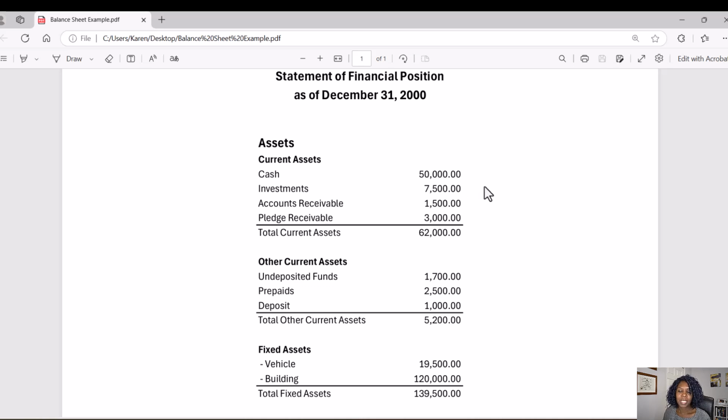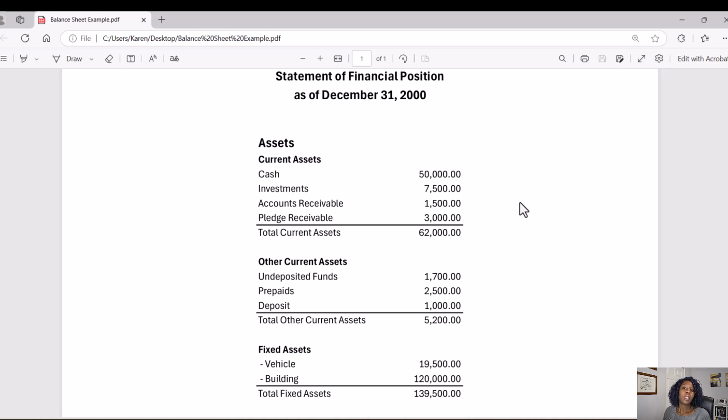Again, it depends on what type of investment you have. If it's liquid, if you can go in and get it anytime, yeah, put it after cash. If you have to wait like 6 months to get it, put it maybe towards the bottom of the total current asset section. And then you have your accounts receivable and your pledge receivable.